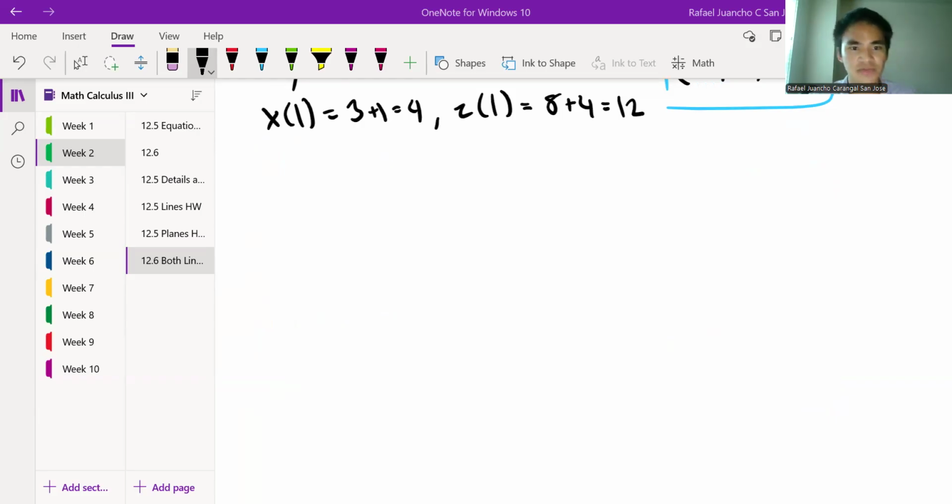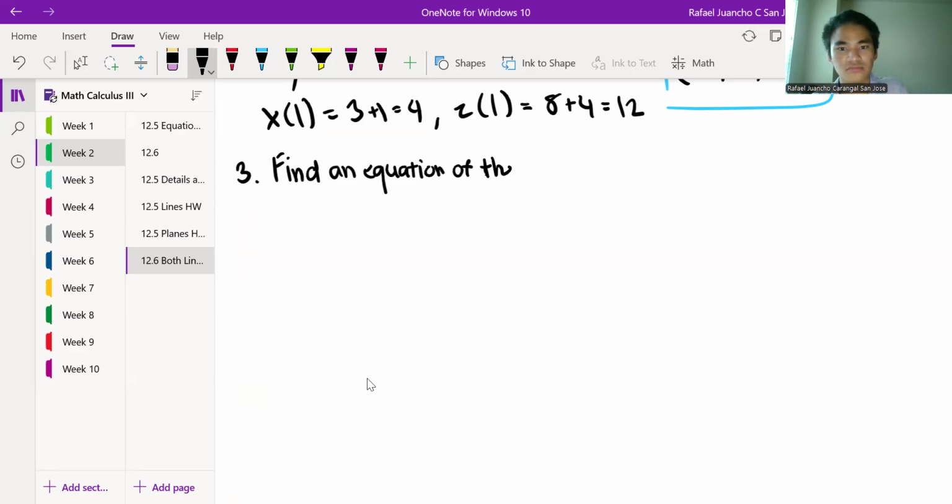Nice. Okay, number 3. Finally, we moved a number. Find an equation of the plane. Okay, let's chill. What do we know about this plane?